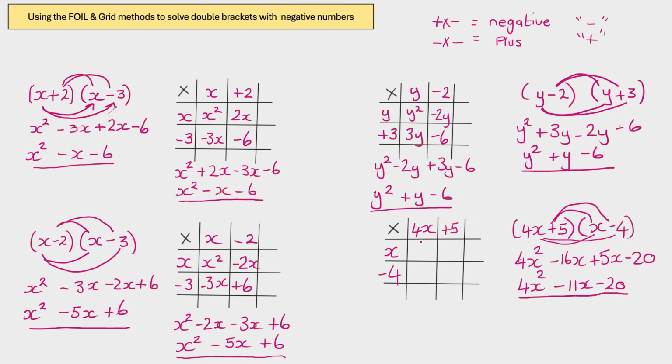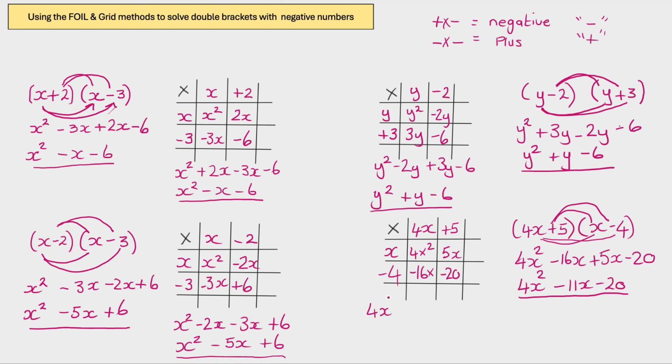I've already filled this in. So it's x times 4x is 4x squared. X times 5 is 5x. Minus 4 times 4x is minus 16x. And minus 4 times 5 is minus 20. Put it all together.